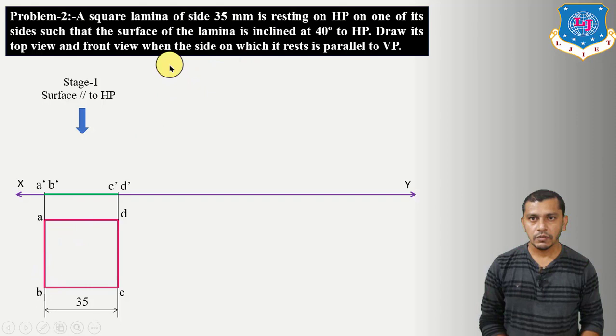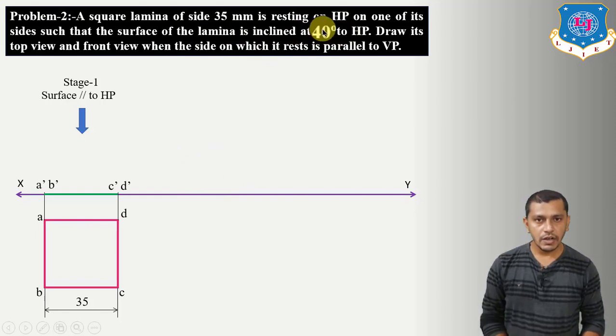Now we have to derive the second stage. In the second stage, we will take the condition with the horizontal plane. Here it is given that the surface of the lamina is inclined at 40 degrees to the horizontal plane, so to show this, we have to incline this elevation at an angle of 40 degrees to the XY reference line by taking A dash, B dash on the XY reference line.